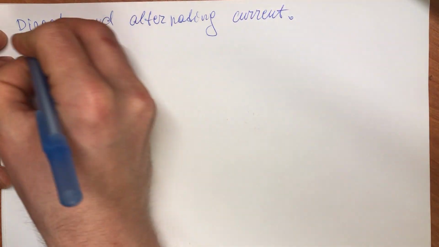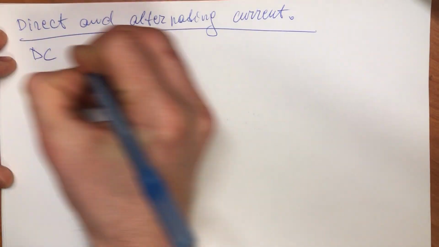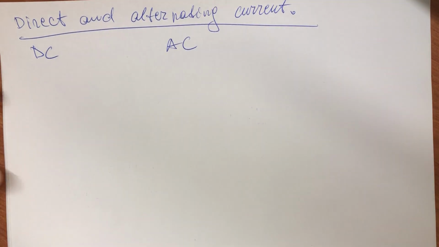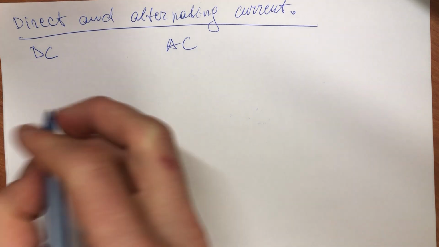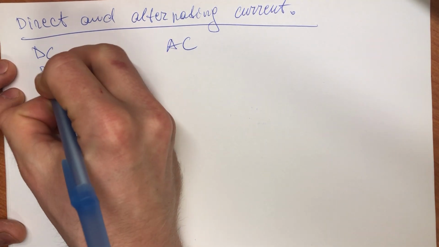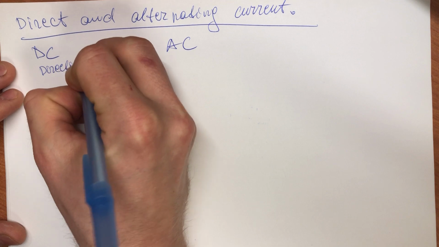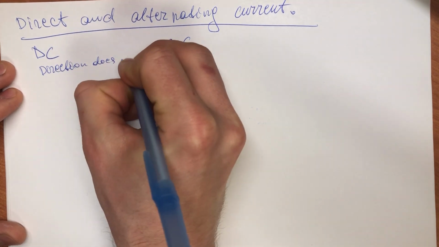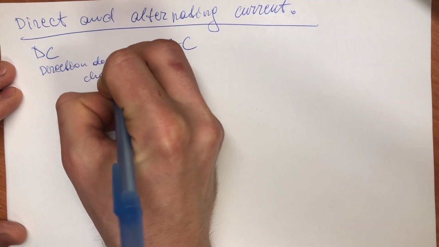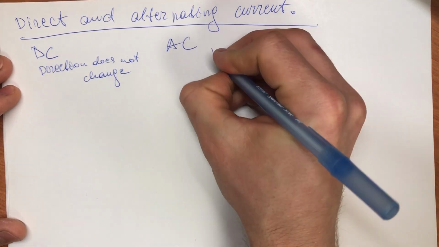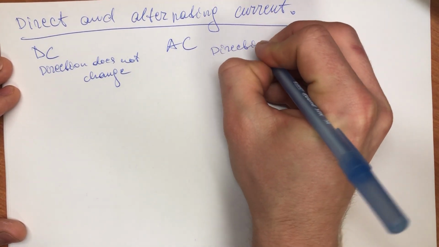The first one is DC, the second one is AC, direct current and alternating current. In direct current, the direction does not change. Here the direction changes.